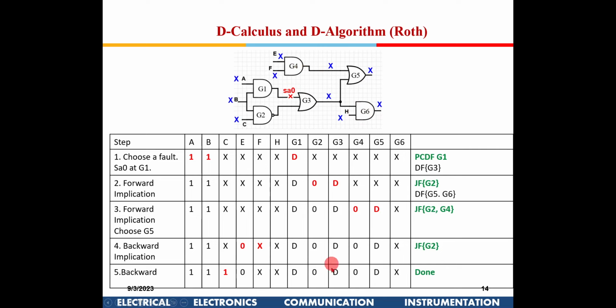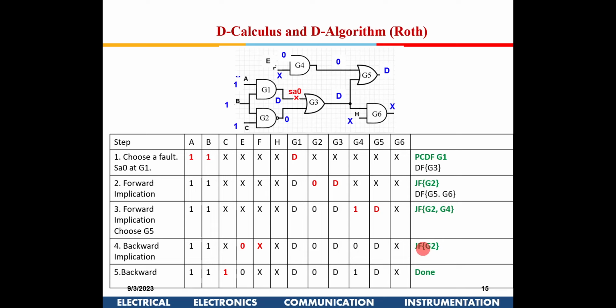So that is how this algorithm works. While moving forward, only those gates which are actually going to propagate my fault keep coming into the D frontier, and to enable that propagation, whatever is required on the gates keeps coming into the J frontier, and accordingly we assign the inputs.